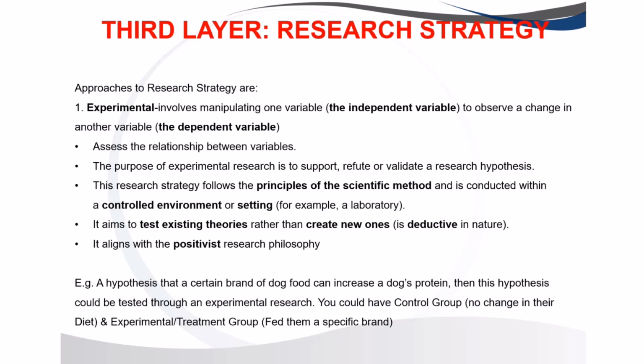Sometimes we are even skeptical to give them another brand. If you change, sometimes they are used to this brand, then you give them another brand, you can even see the reaction from that pet. Some of them don't even consume the new brand. They want that brand. So it says something.